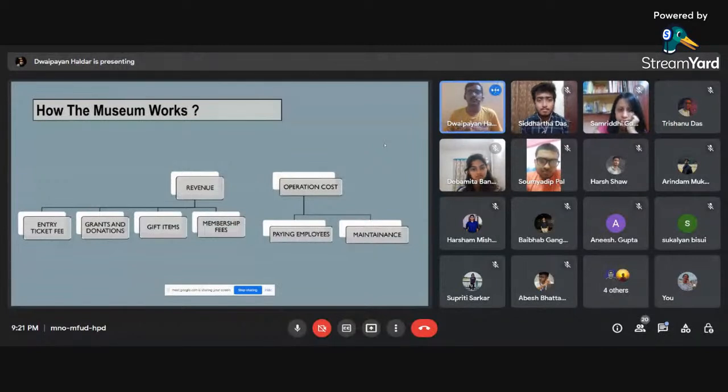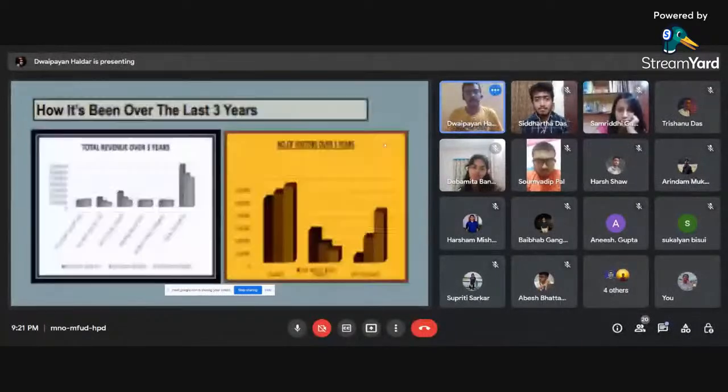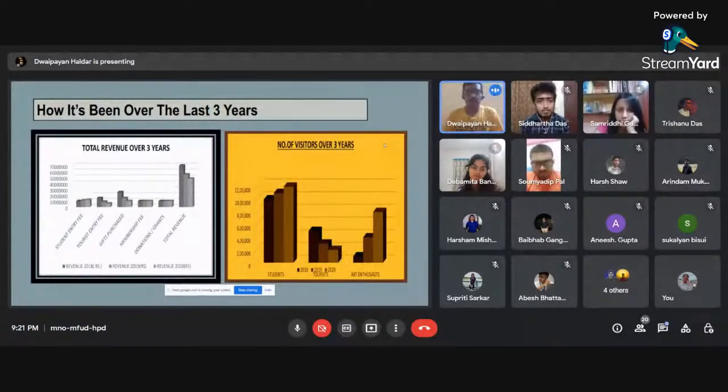Grants and donations have been fairly constant over the 3 years, and we have the operational cost, like paying the employees and maintenance cost. And I can give you the graphs of the revenue and the number of visits over the 3 years.